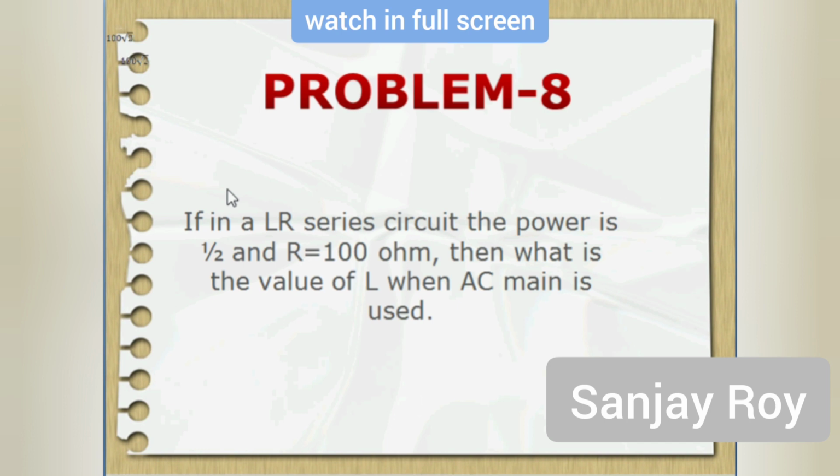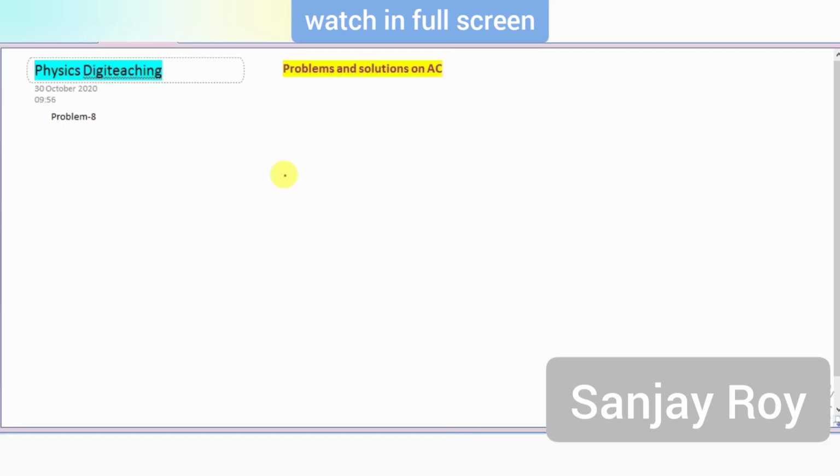See the next problem. If in a LR series circuit the power factor is half and the resistance R equals 100 ohm, then what is the value of L when the AC mains is used? Problem 8 is a series LR circuit.